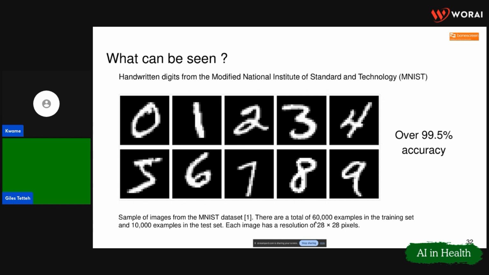We have a total of 60,000 images, each of them very lightweight, 28 by 28 pixels. Now with machine learning, we can go as high as 99.5% accuracy, which means that if you give it 1,000 images, you would get maybe 5 of them wrong, which is very good.